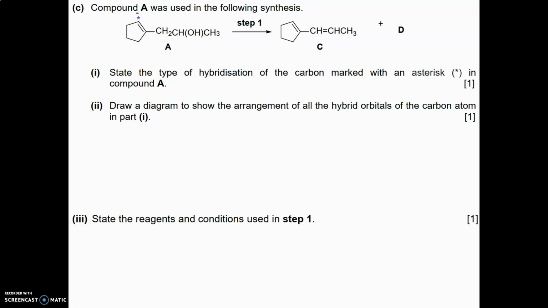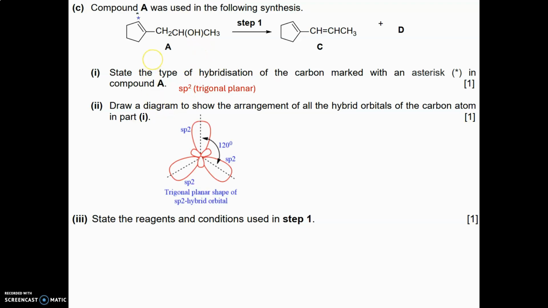So it tells us that the hybridization is sp2. And this is how sp2 hybrid orbitals look like. Please make sure that your major lobes are 120 degrees apart, and please don't leave out the minor lobes of the orbitals in this hybrid orbital.